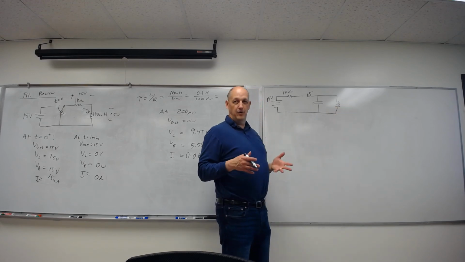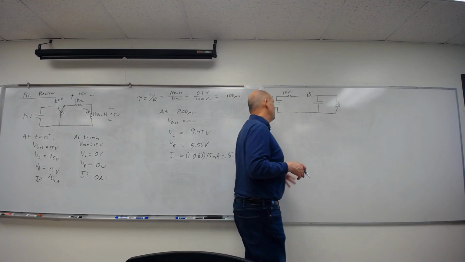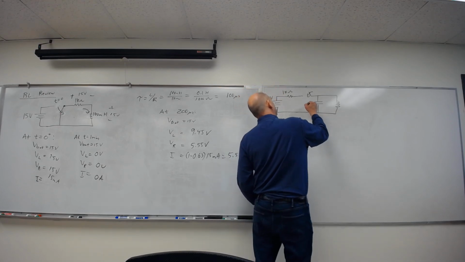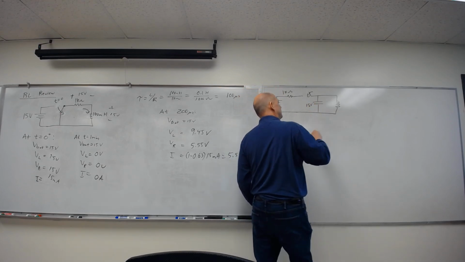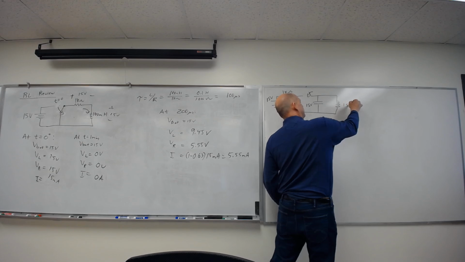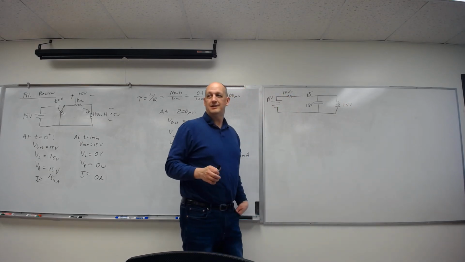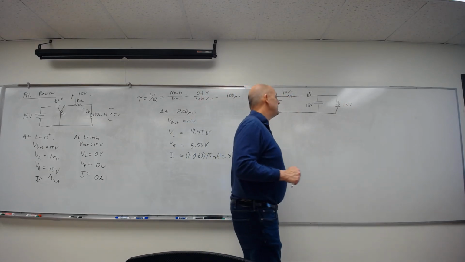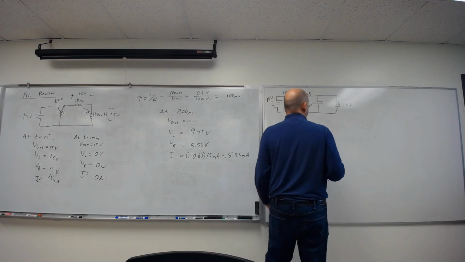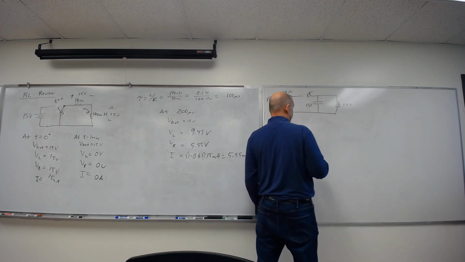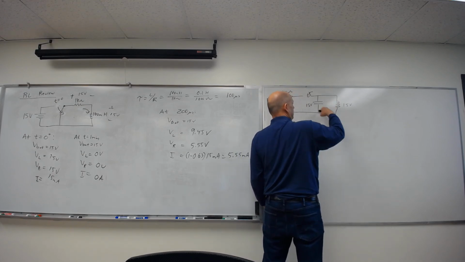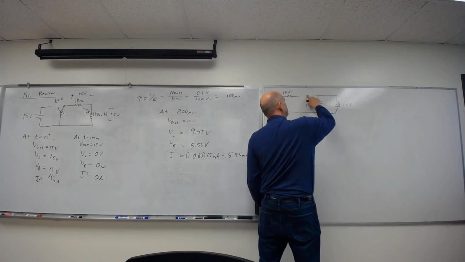Okay, it'll fully charge up. Eventually I'll end up with 15 volts here. This is in parallel, so that's 15 volts. We have current going through here, not here. Then I'm going to disconnect it.